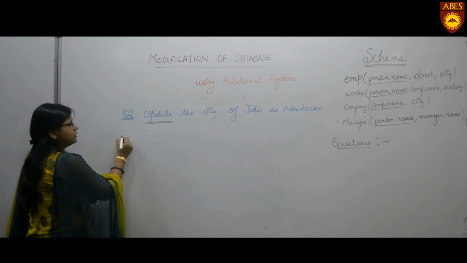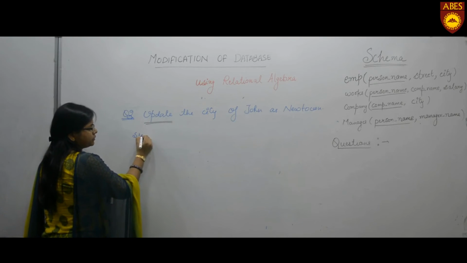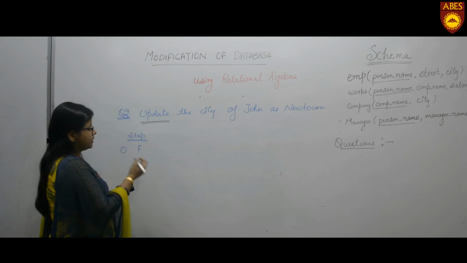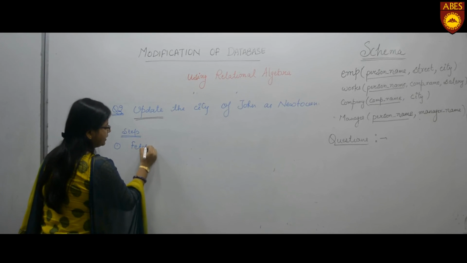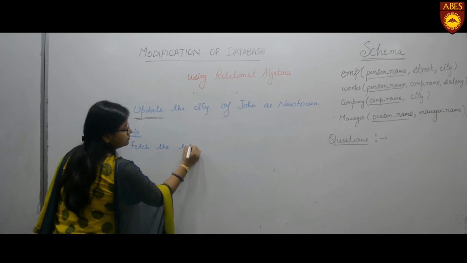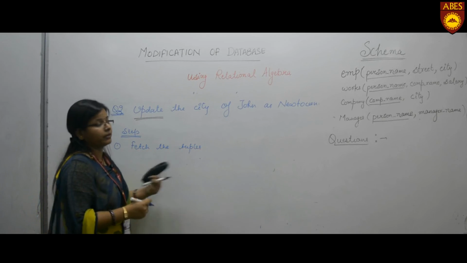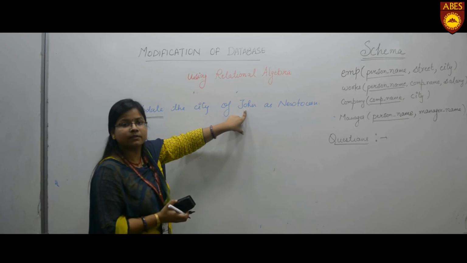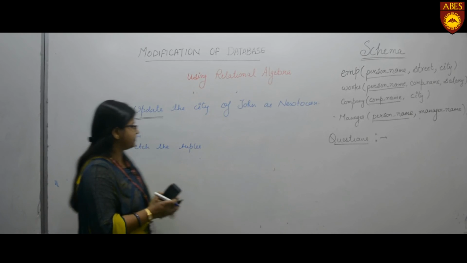For the update command, you need to understand the three basic steps to be followed. First step is to fetch the affected tuples, the ones which are going to be affected. The tuples to be affected are John's, where person name is equal to John.